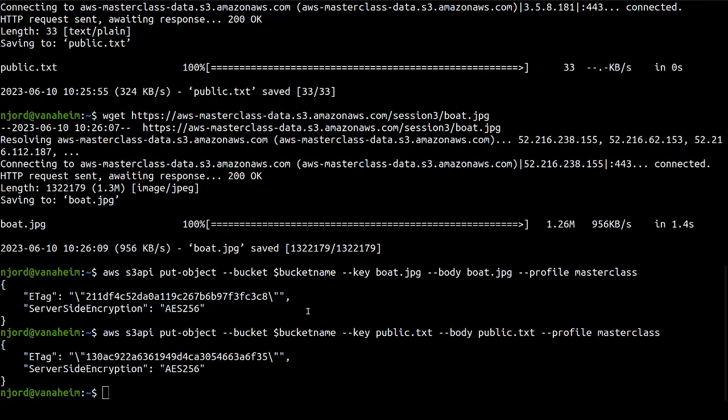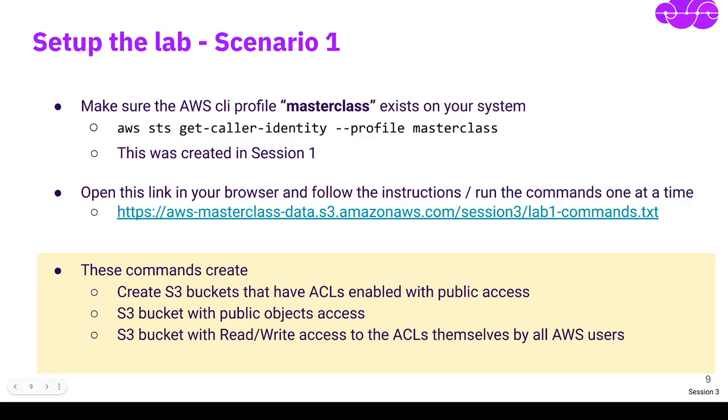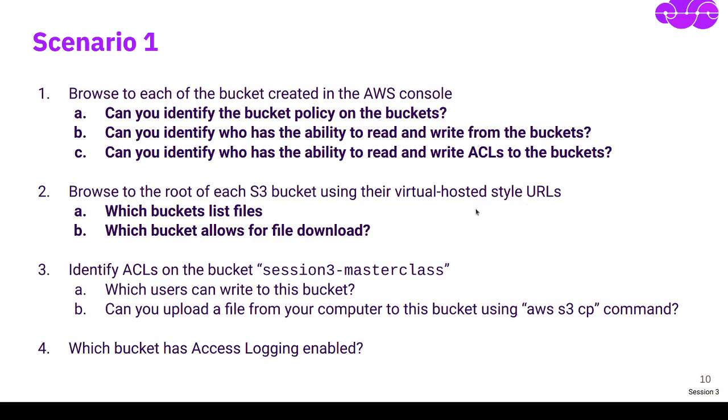Cool. So your task as part of the class now is to identify, let's quickly see what's part of the questions. Okay, so for each of these buckets, can you identify the bucket policy and check which of those buckets have a bucket policy, and if a bucket policy is present, what does the bucket policy say?